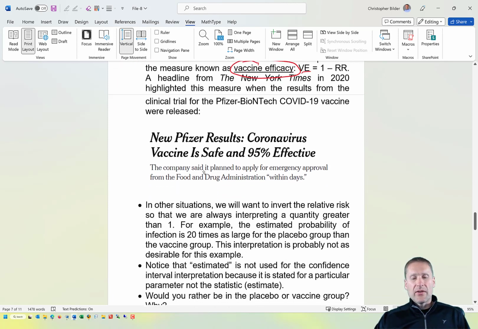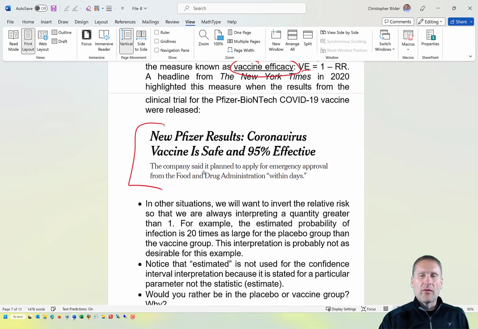So for example, this is, I think again from November of 2020, in the New York Times, this was their headline when the Pfizer results were publicized or released, I should say. New Pfizer results, coronavirus vaccine is safe and 95% effective. This is 1 minus RR hat.